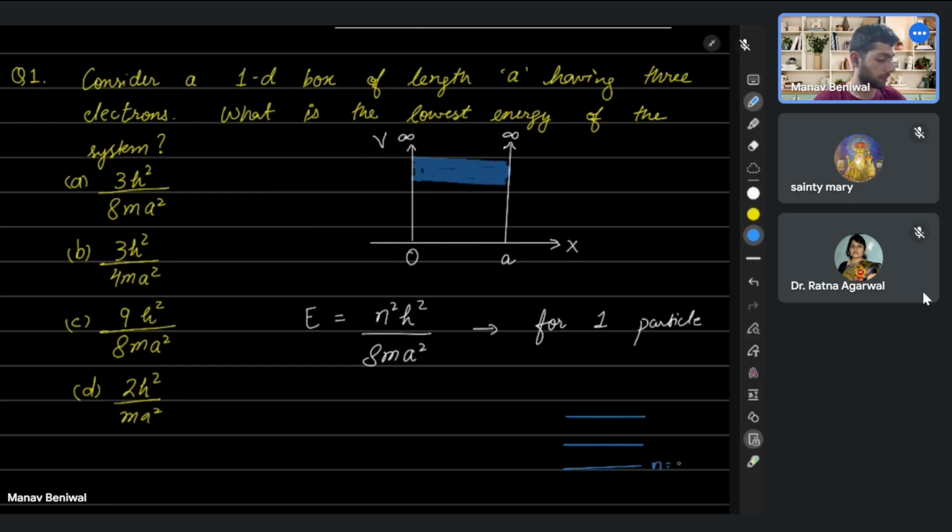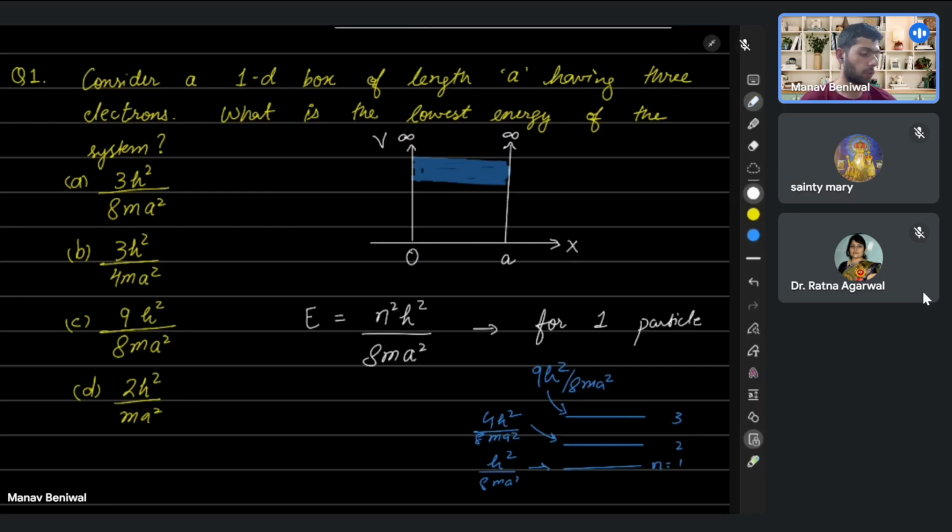What will be the energy for n equals 1? We'll just plug in n equals 1 here and we will get h squared over 8m a squared. For n equals 2, we will get 4 times this value, and for n equals 3, we will get 9 times.